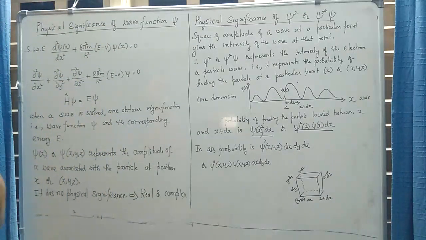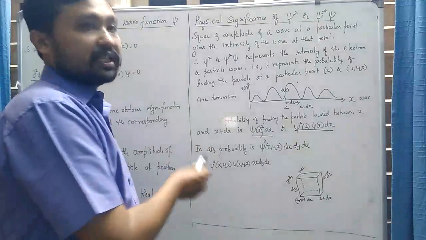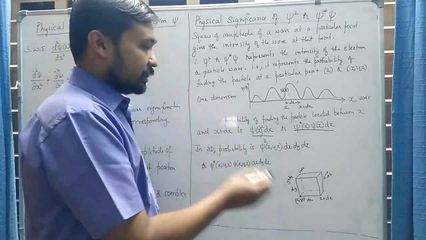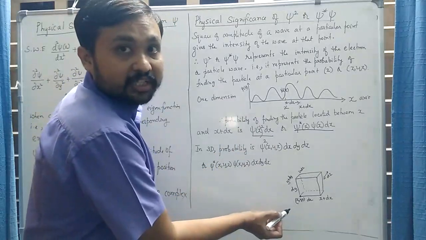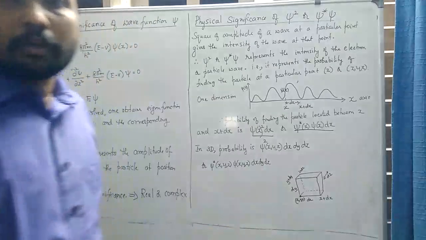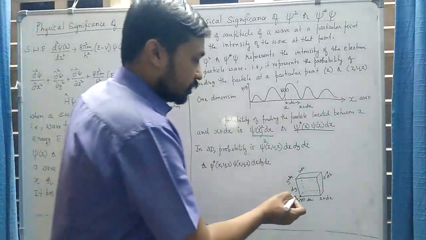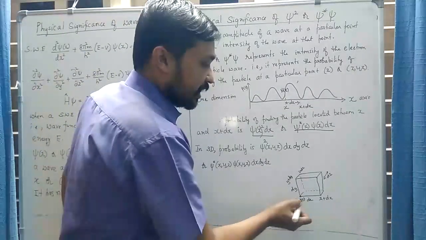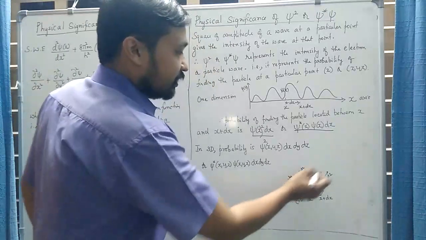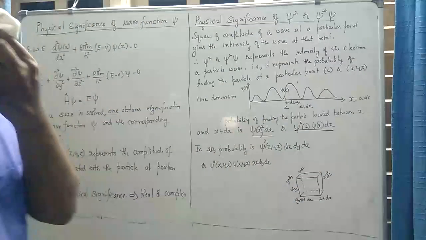Suppose the electron is traveling in 3 dimensions, that is along the x-axis, y-axis as well as the z-axis. Then how do you calculate the probability of the particle? Suppose the particle is at a position x, y, z, which I have shown here. What is the probability of finding this particle within the region dx along the x-axis, within the region dy along the y-axis, and within the region dz along the z-axis?